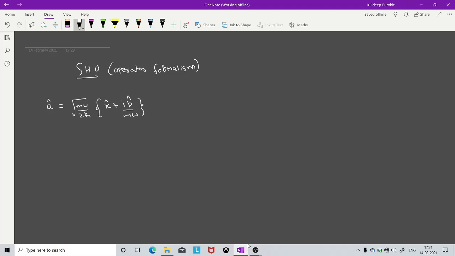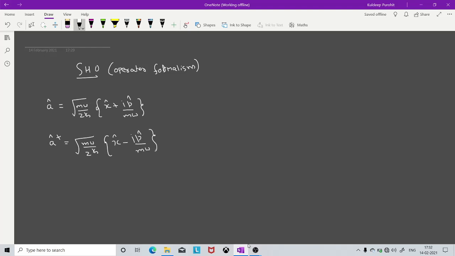The other operator which we have defined is a dagger, equal to square root of m omega by 2h cross times x minus ip by m omega. This a dagger is nothing but the Hermitian conjugate of a, and x and p here are the position operator and the momentum operator.